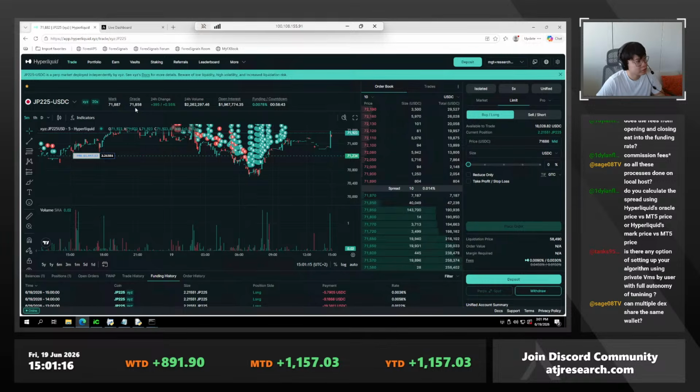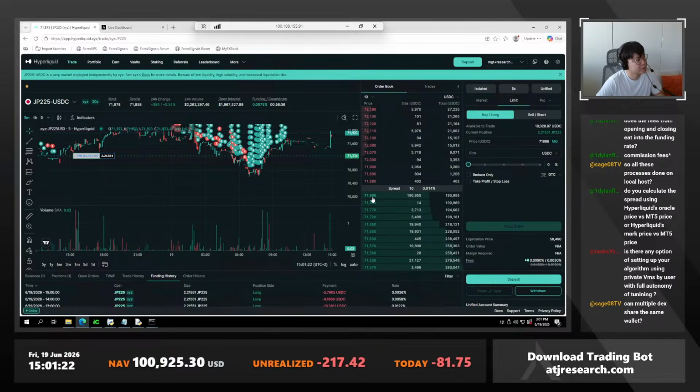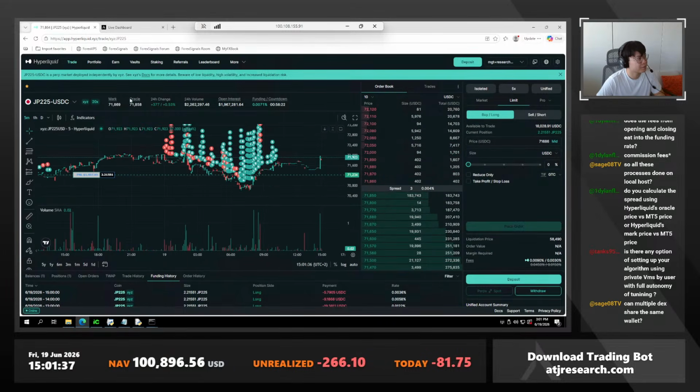But actually, right now the Oracle price doesn't look that bad because Oracle is 850 and the current price is 860. So the Oracle and the current market price are about the same, which means that the funding rate should probably decrease very soon, but I need to compute that.